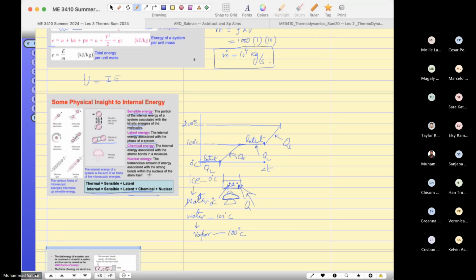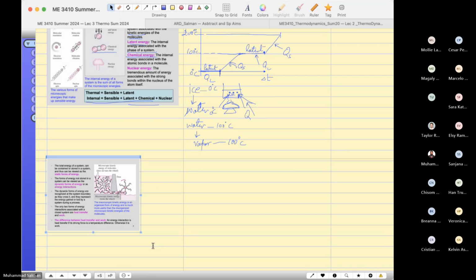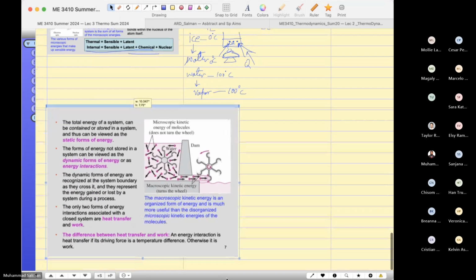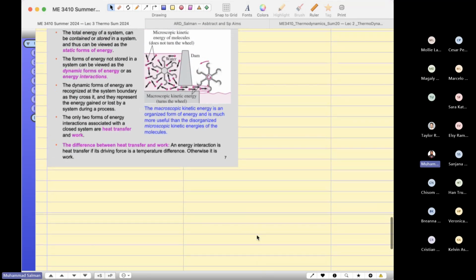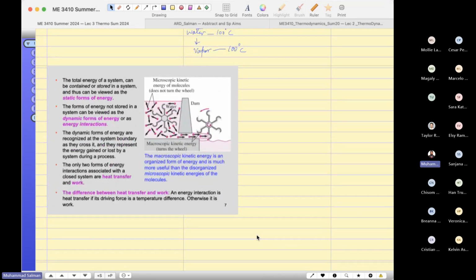So you see, guys, this is the example of microscopic kinetic energy. If you put the turbine wheel over here, since it is not a channelized form of molecules, it will not rotate.